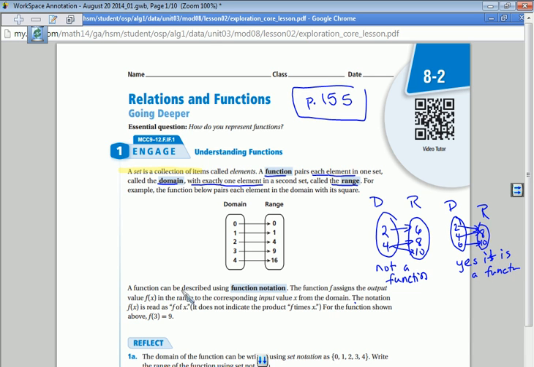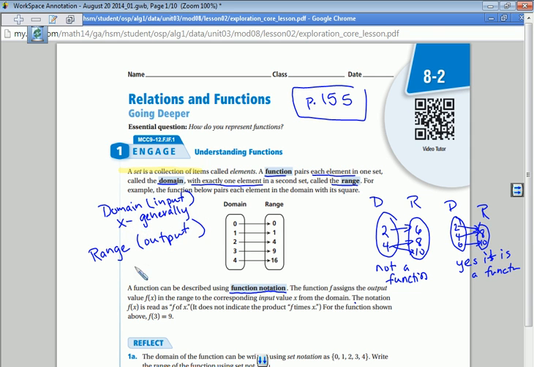Okay, a function can be described using function notation. Now usually when we talk about domain and range, the domain we say is the input. And what do we usually use to describe the input? X is generally used. Okay, the range is our output.